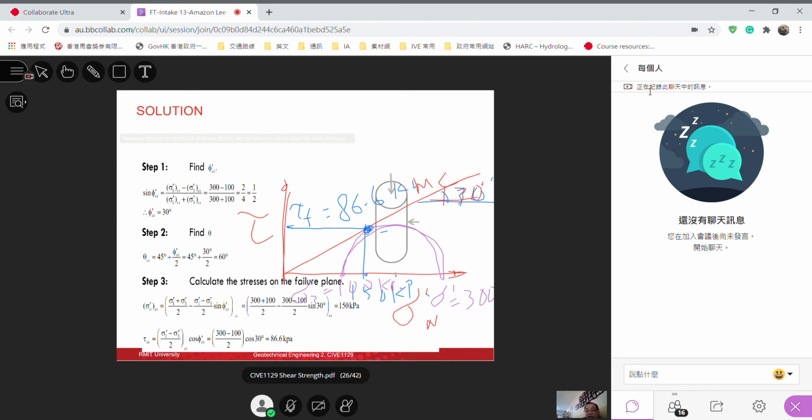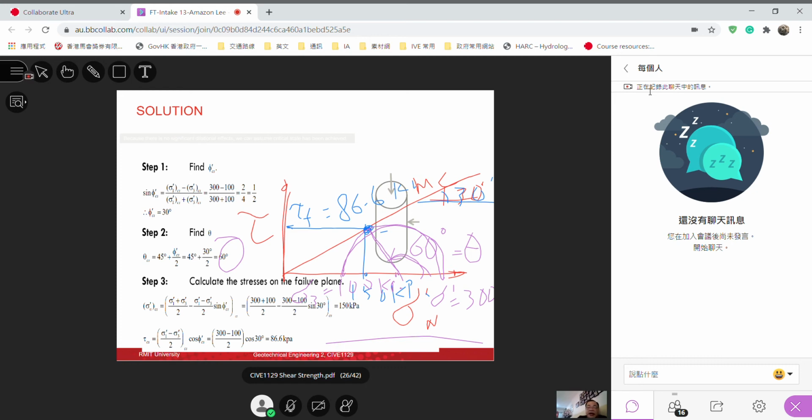Center is 150 kPa. So this angle here is 60 degrees. If you want to completely plot out the Mohr circle, putting everything in a diagram, it will be like that.